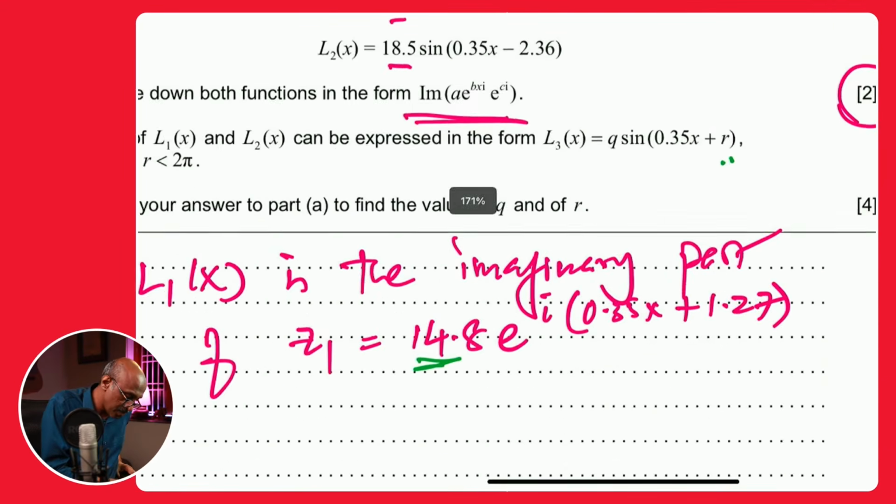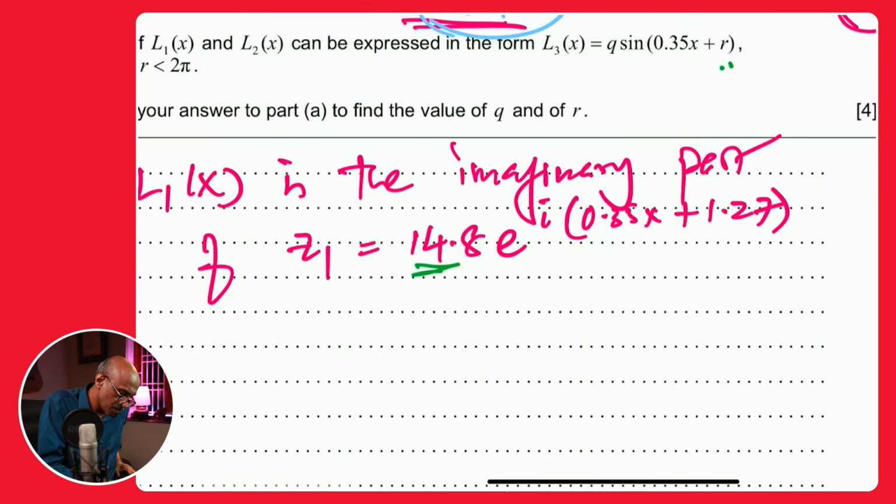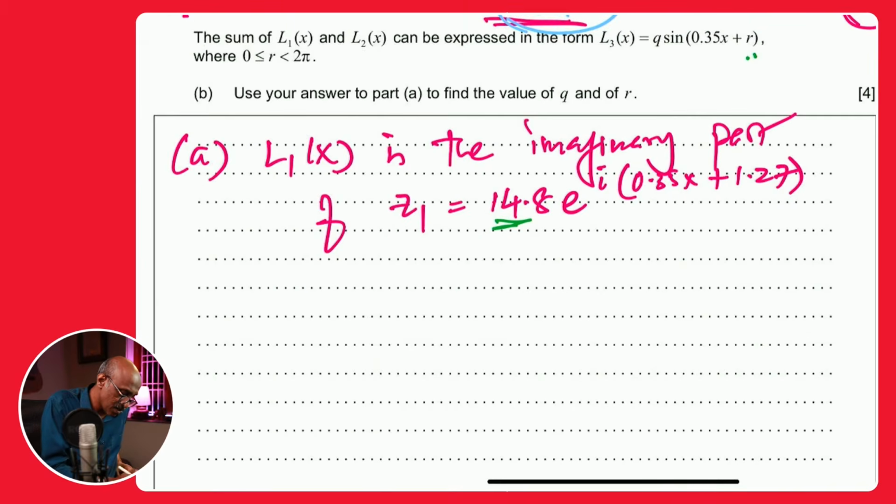Now remember, they said write both functions in that form, and there they've separated the e's, so the x term and the non-x term. That's what we will do here. So this is 14.8 e to the power of i 0.35x.